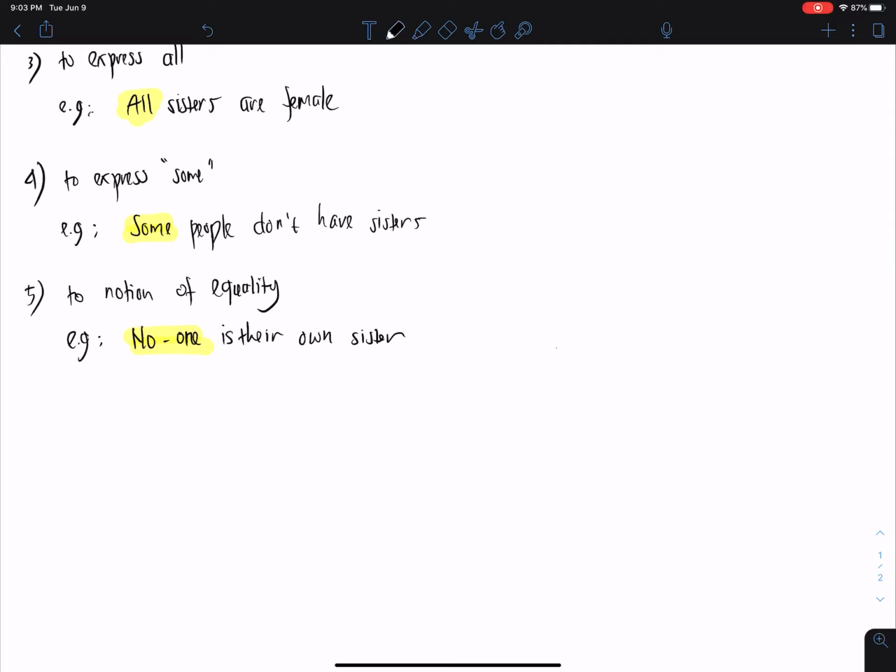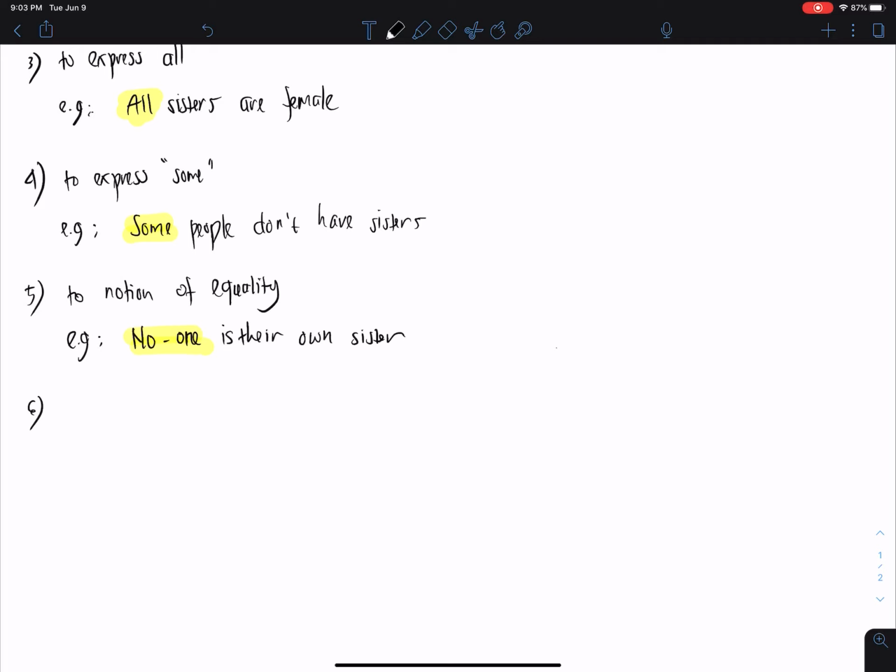The next one also, a way to state functions.